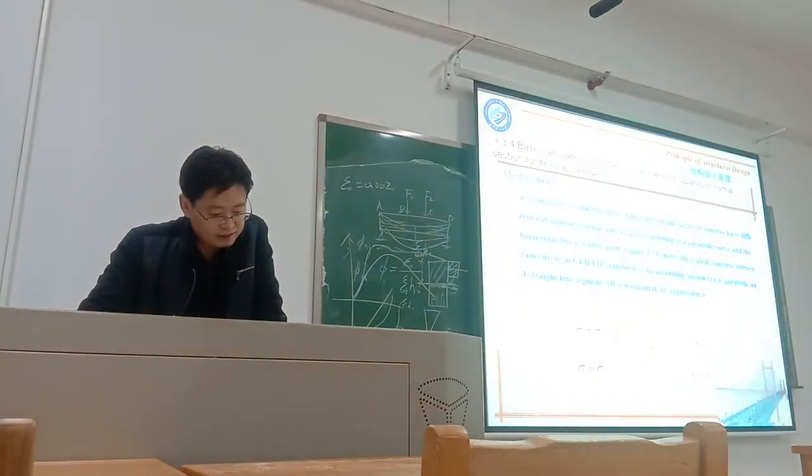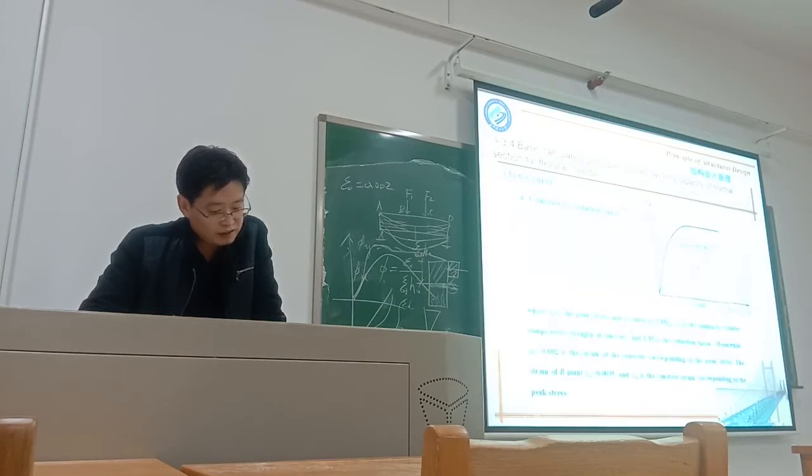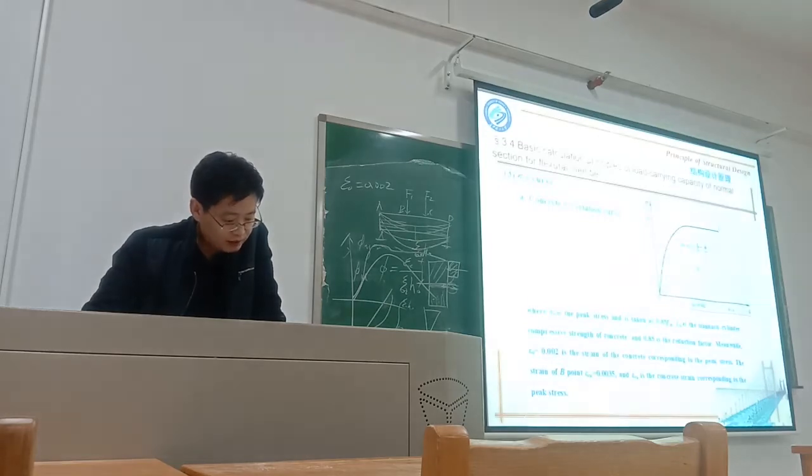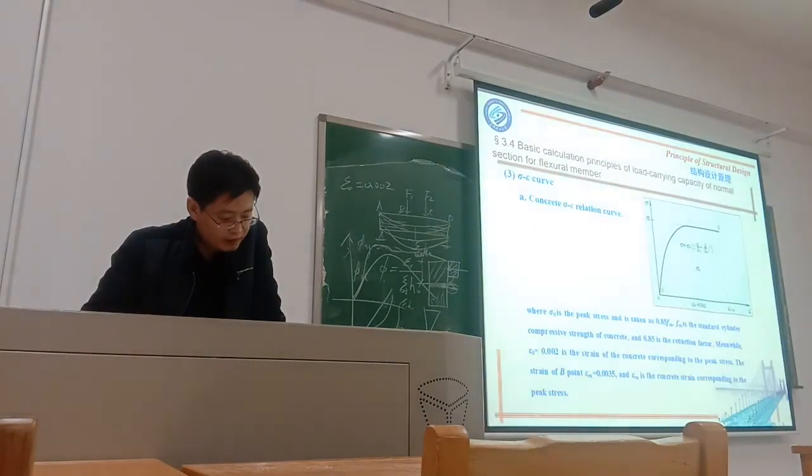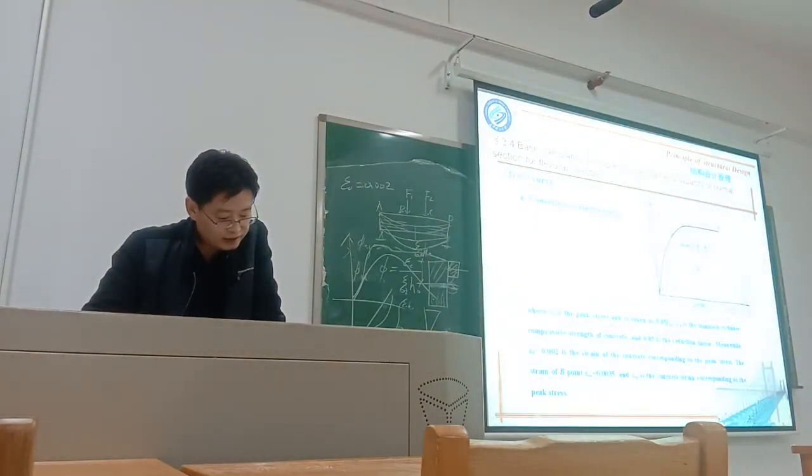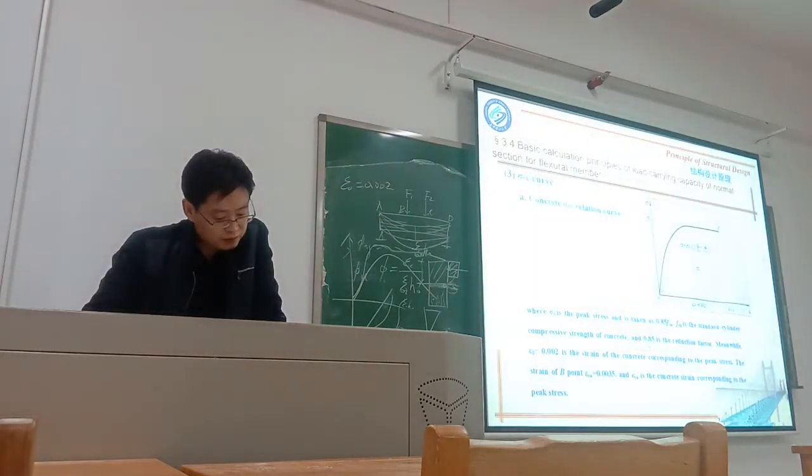The ascending section OA is a parabola, and the second part AB is a horizontal line. Here sigma 0 is the peak stress and is taken as 0.85 fck, where fck is the standard cylinder compressive strength of concrete, and 0.85 is the reduction factor.